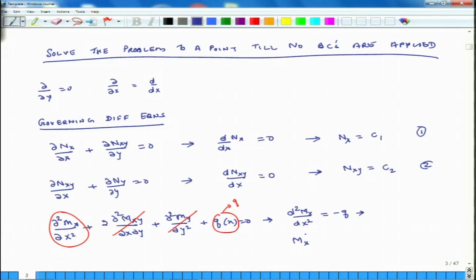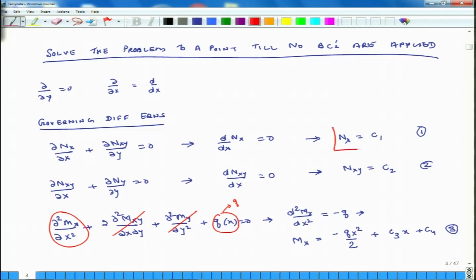If I integrate it twice, I get Mx is equal to minus qx square by 2 plus C3x plus C4. So, that is the third equation.